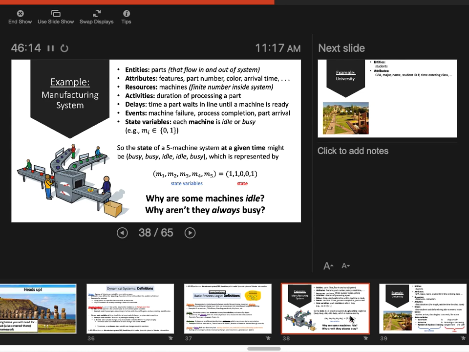So the same way that entities can be delayed, yeah, question? Are the systems we're looking at in this class always binary? Oh, no, state variables don't have to be binary. And they don't even have to be countable. A state variable could be the temperature in this room.